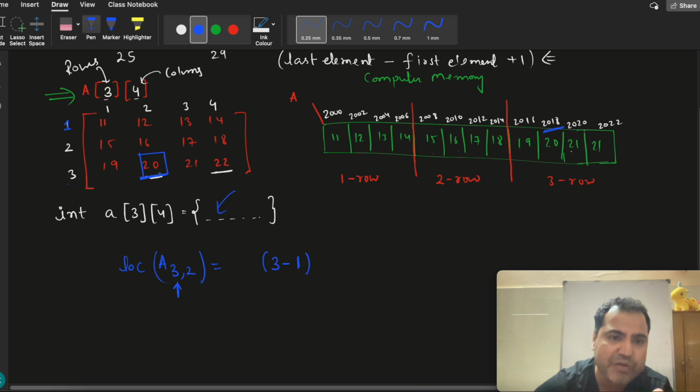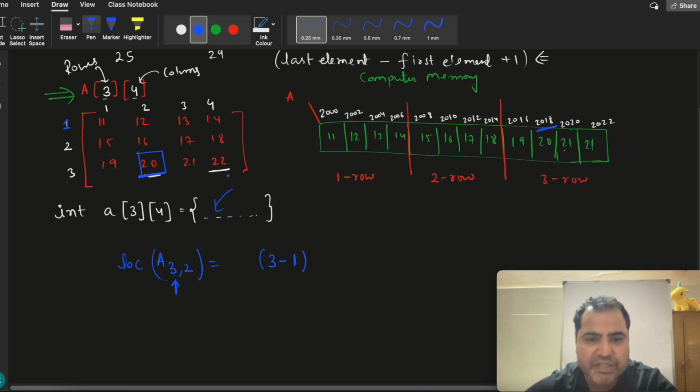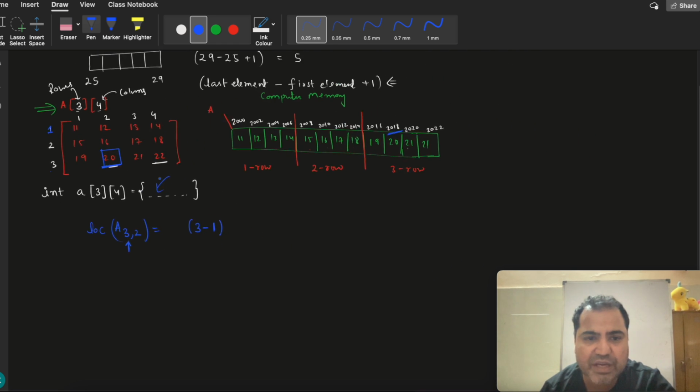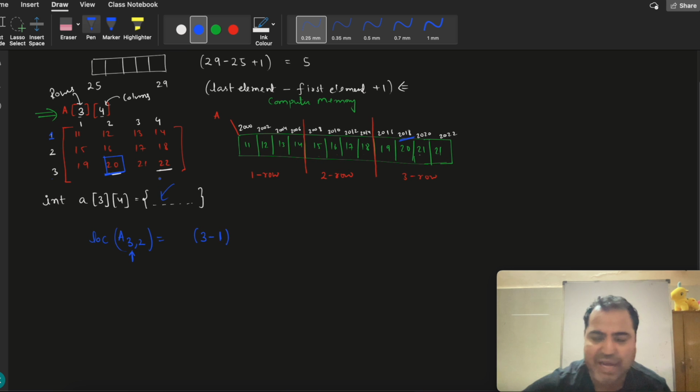Because to reach till 20, how many elements do I have to skip? 1, 2, 3, 4, 5, 6, 7, 8, 9, right? So how we reach that conclusion, that I am trying to tell you. If I am skipping two rows, anyway I have to check how many elements I am skipping.